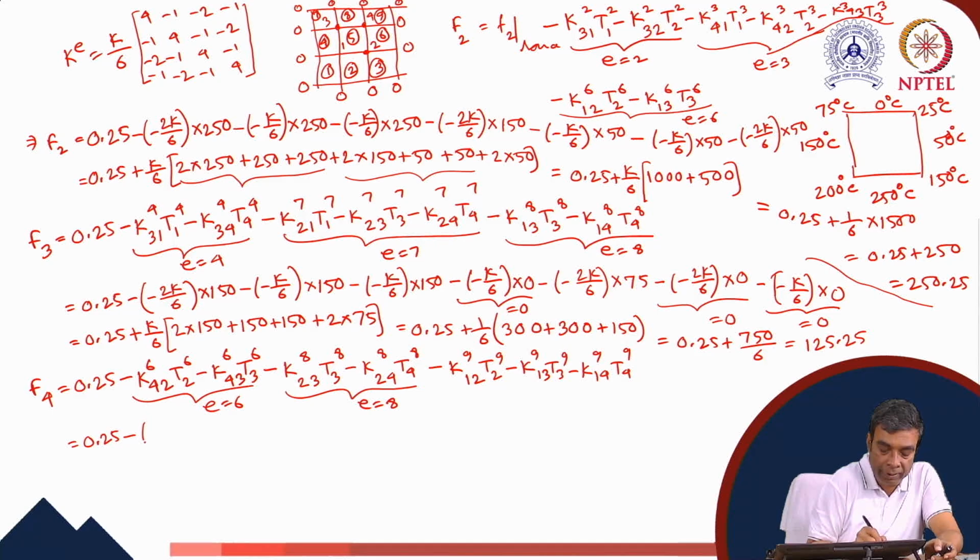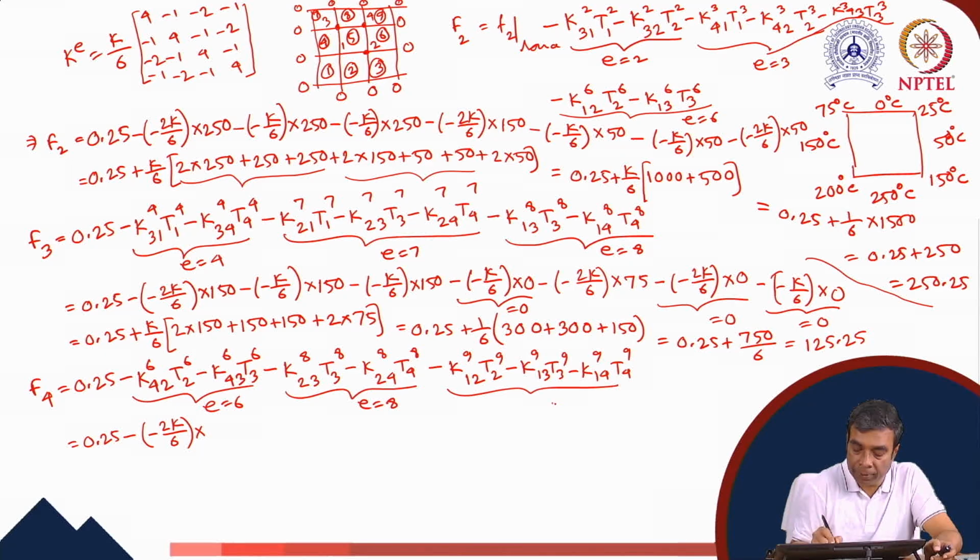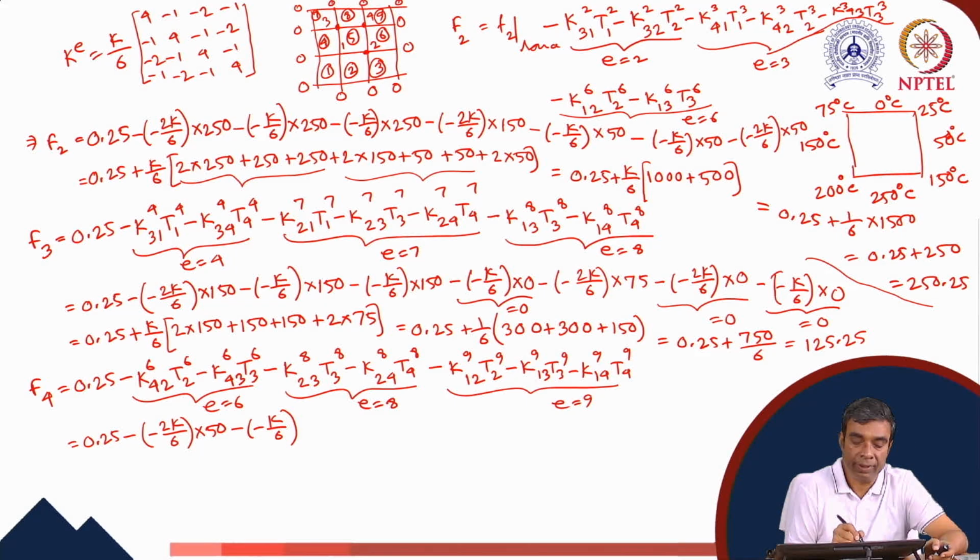This gives us 0.25 minus, now K42, this is minus 2K by 6 minus 2K by 6 into, this is for E equals to 9, T26. Now for the sixth element T2, it falls on the right boundary where the temperature is 50 degrees centigrade minus K436. K43 is minus K by 6 minus K by 6 into T36. So for the sixth element, third node, it also falls on the right boundary.